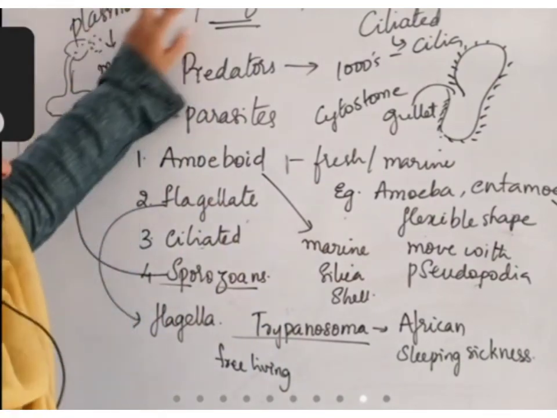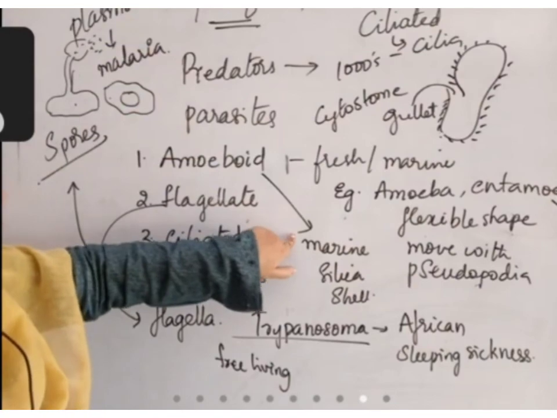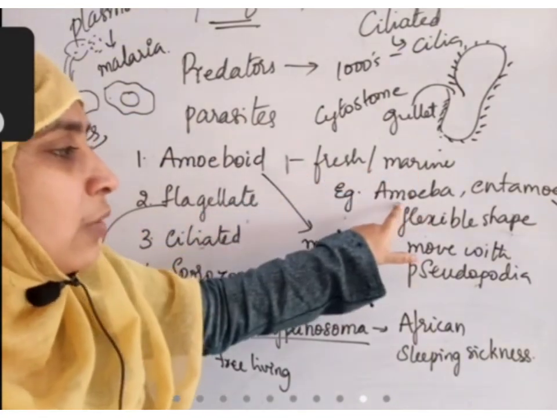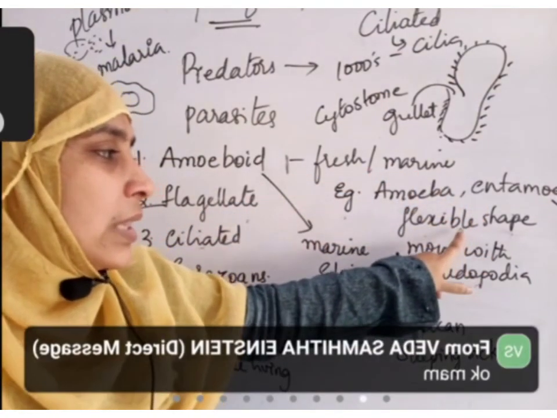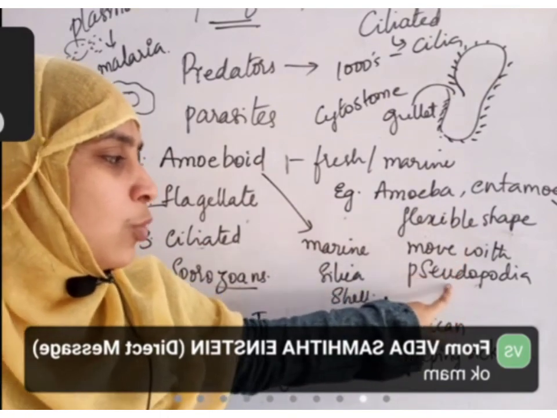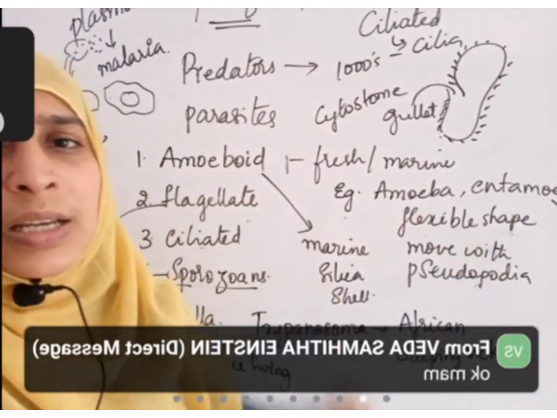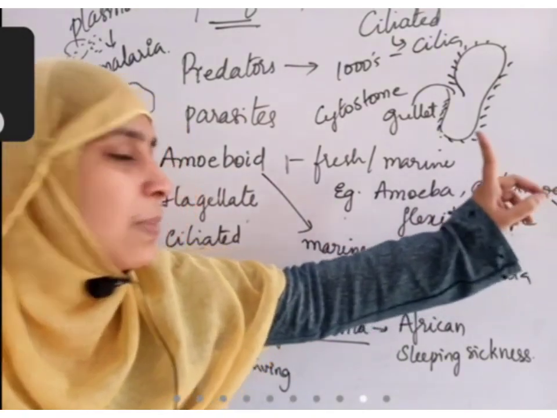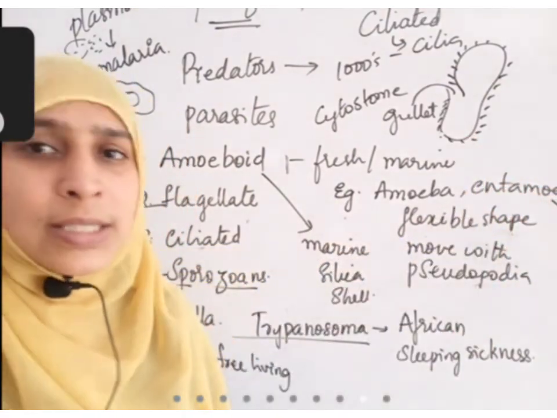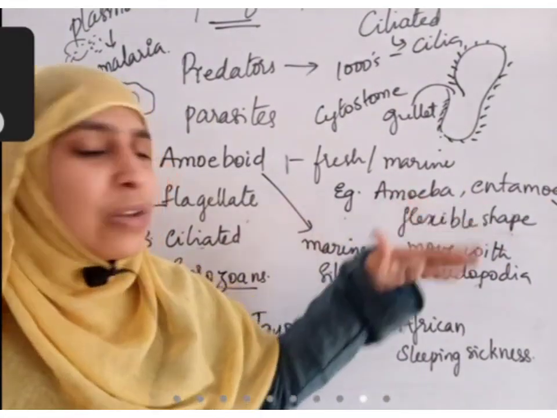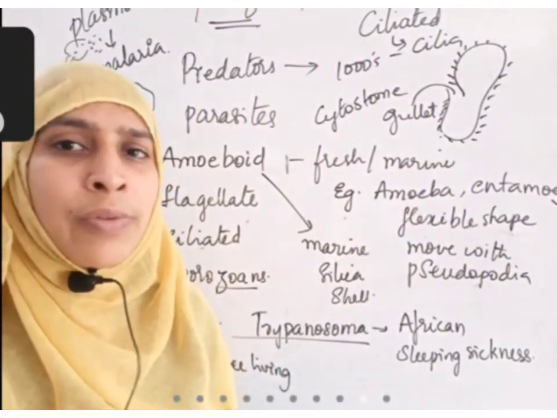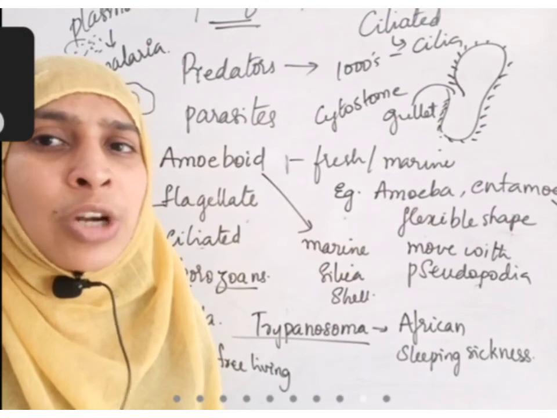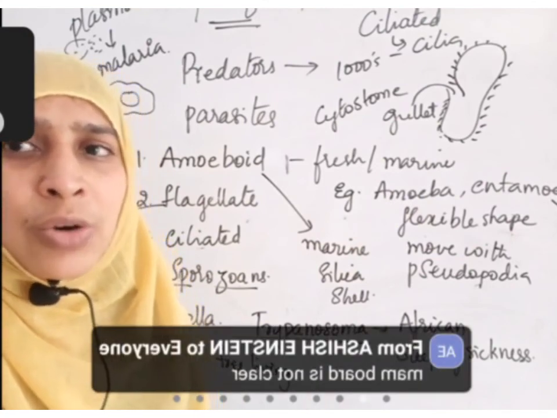Protozoa has amoeboid structures which live in fresh water or marine water, like amoeba and entamoeba. They have a flexible body shape, move with pseudopodia, and some are parasitic. An example of a parasitic one is entamoeba histolytica, which causes stomach infection, and amoeba feeds on whatever food it finds inside the fresh water body in which it is living.